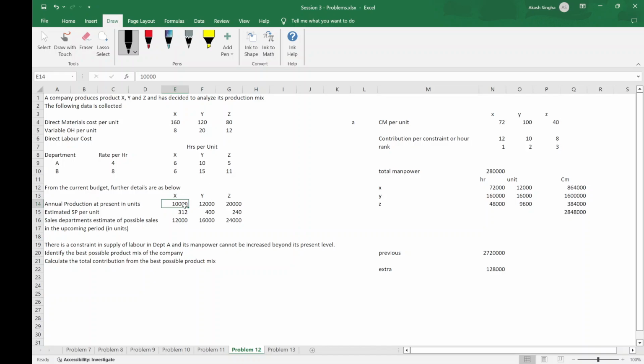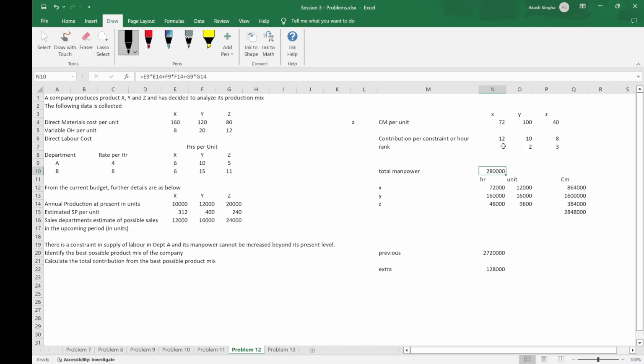So 60,000 and 1,20,000 is 1,80,000. And for Z, it needs 5 hours and 20,000 units, so 1 lakh. So total 2,80,000 hours of manpower. This is the formula. These are the total manpower we have.